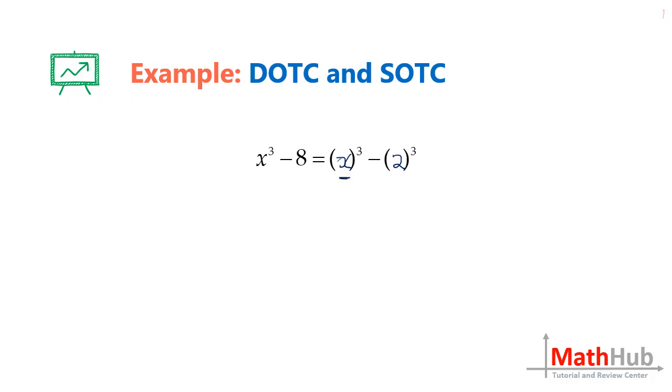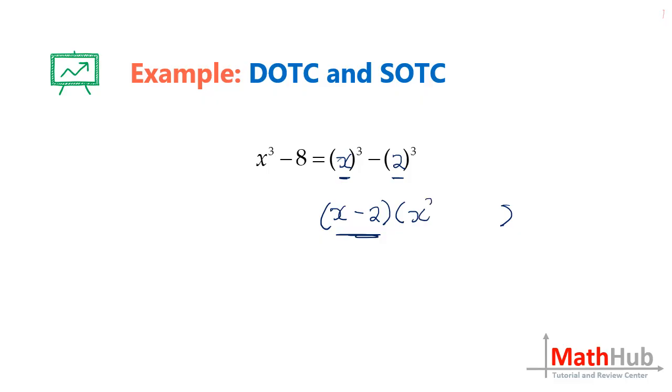So I will just get my numbers inside my parenthesis. So I'm left with x minus 2. Now I will just look at this factor over here for my other factor.